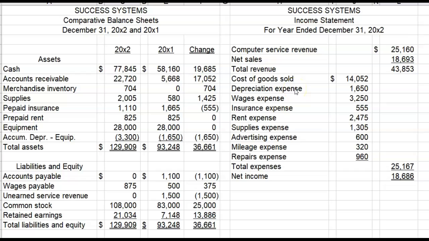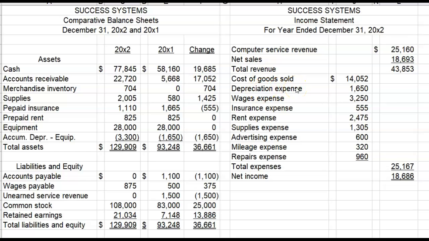Depreciation expense is a non-cash expense. We never will pay cash for depreciation expense. Same is true, by the way, of depletion expense and amortization expense. They're simply non-cash expenses. So in a statement of cash flows prepared under the direct method, you will never see the words depreciation expense, amortization expense, depletion expense.